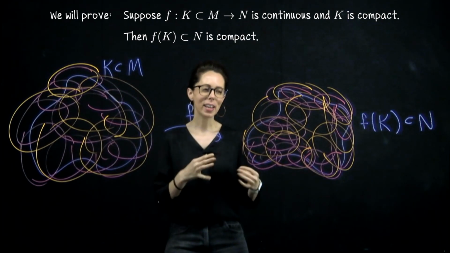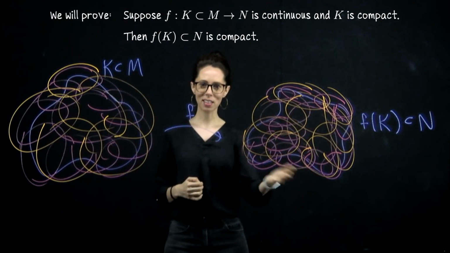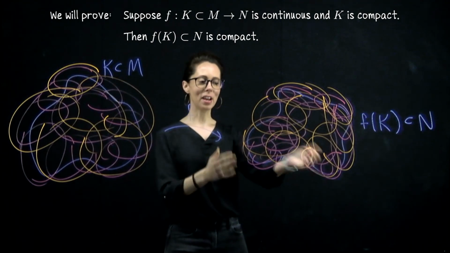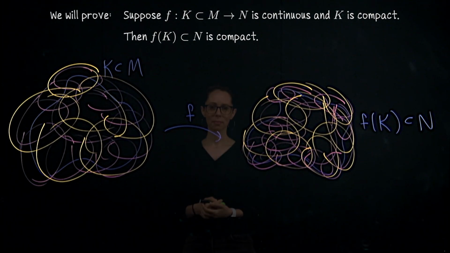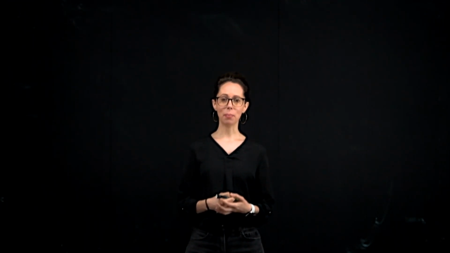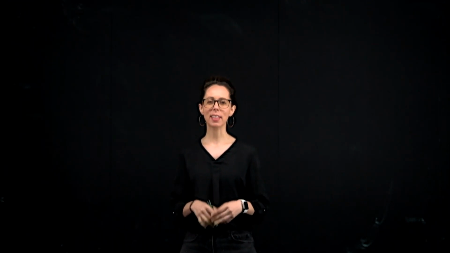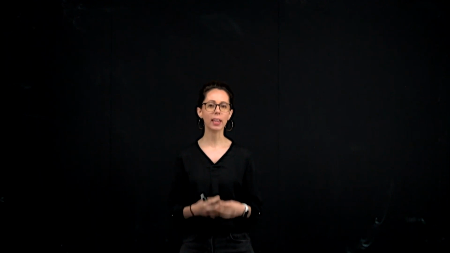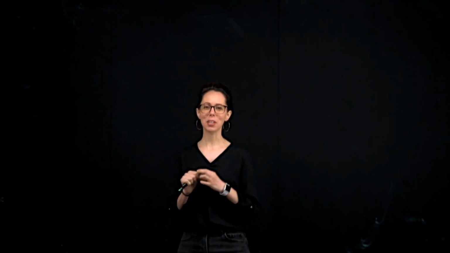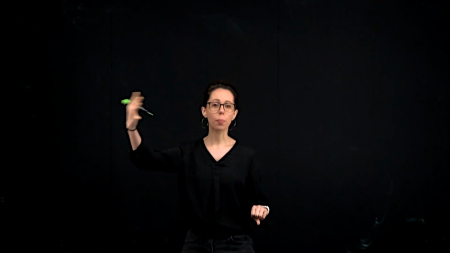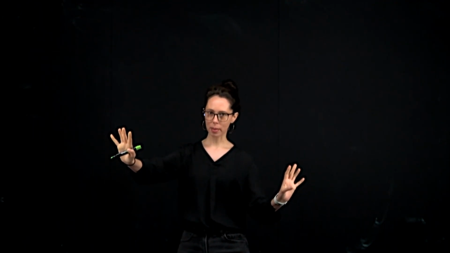All right, so take a moment to go ahead and write the first sentence of the proof based on this now quite terrible looking picture. To say that f of k meets the definition of compactness is to say that any open cover of f of k yields a finite subcover. Since our proof is going to be direct, it's going to mirror the flow of that definition, which means my beginning sentence is going to be, let such and such be an open cover of f of k with no further specification.